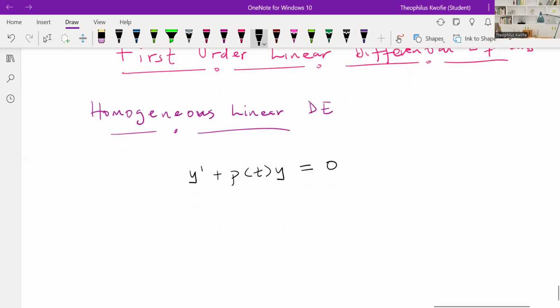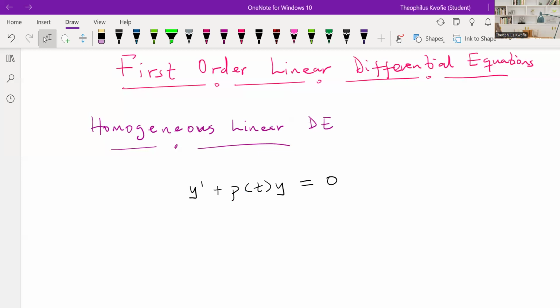Such a linear differential equation is what we call homogeneous.